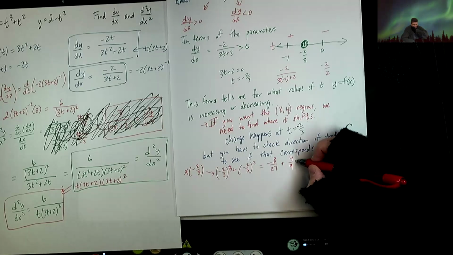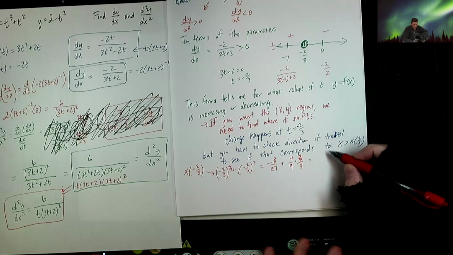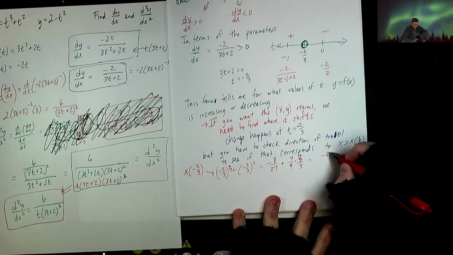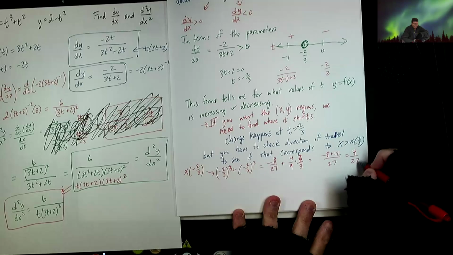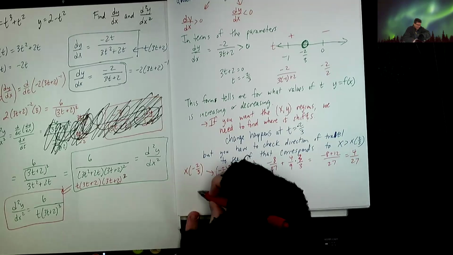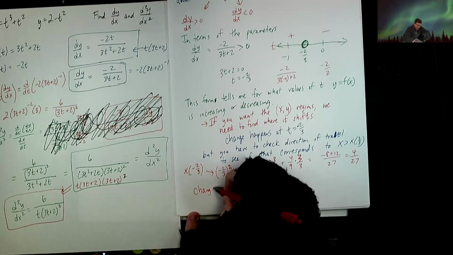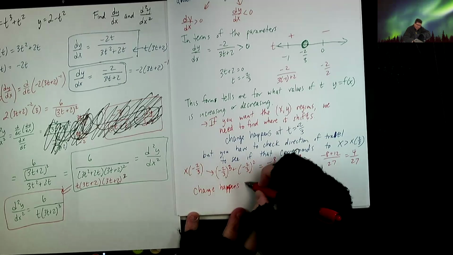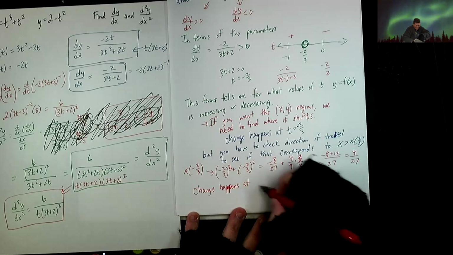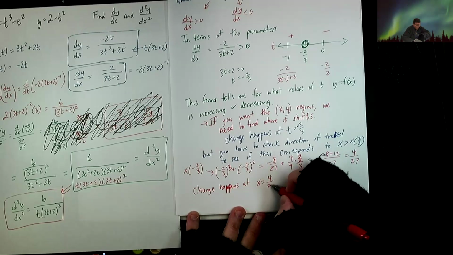And if I get a common denominator, I get negative 8 plus 12 over 27, which is 4/27. So the change happens at x equals 4/27.